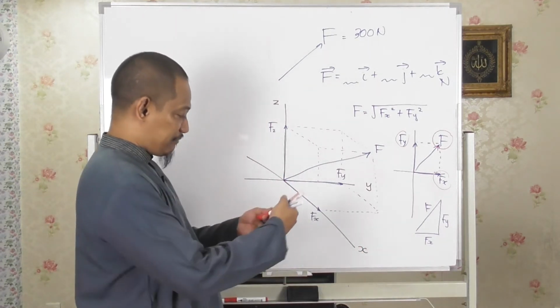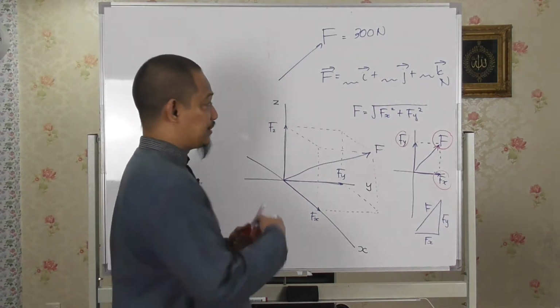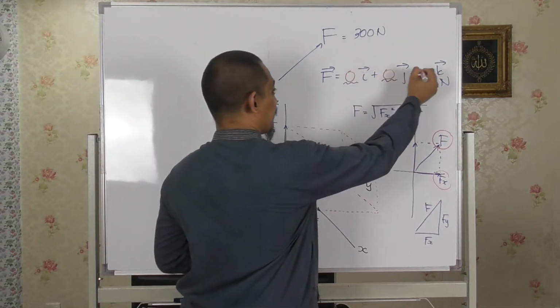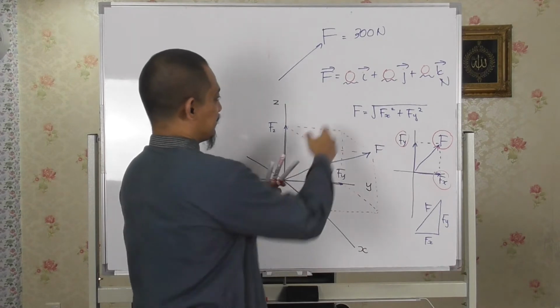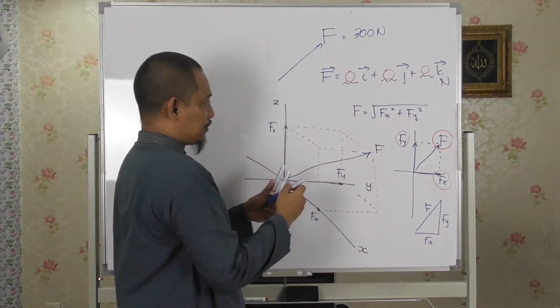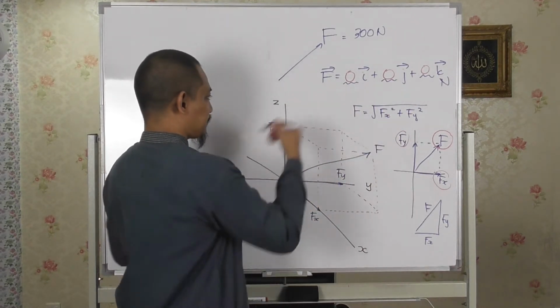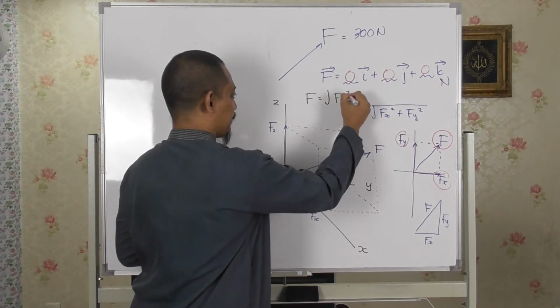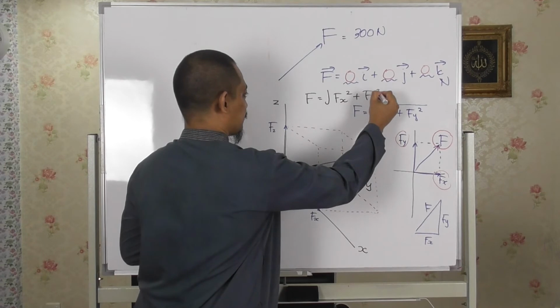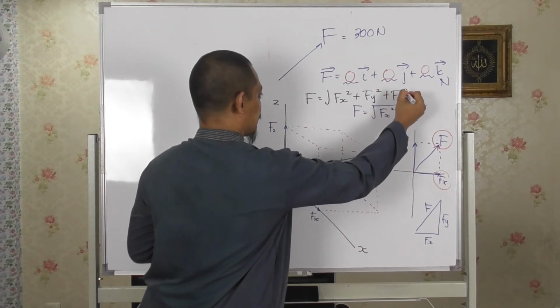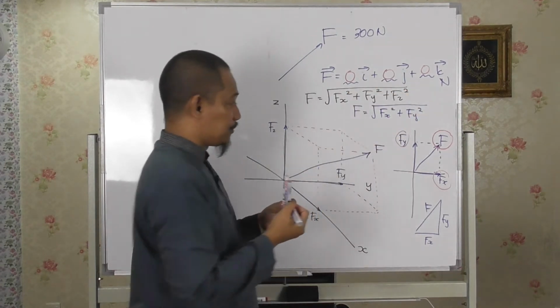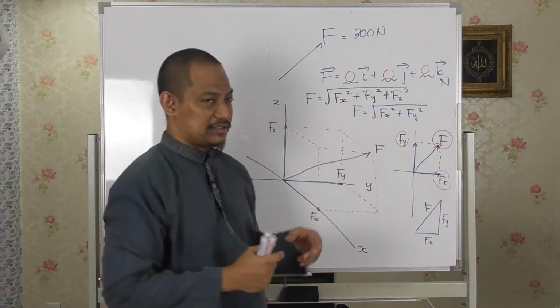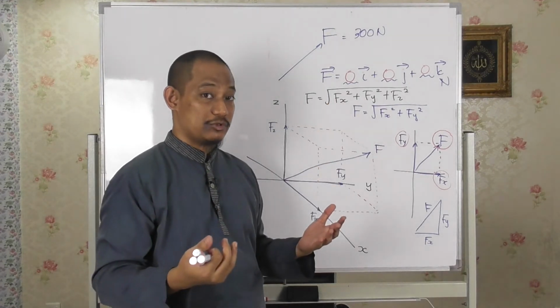Number two, you can verify. When you have this value, for example, this is Fx, Fy, Fz, you can straightaway calculate F, which should be equal to the square root of Fx squared plus Fy squared plus Fz squared. This takes like 10 seconds if you use your calculator.